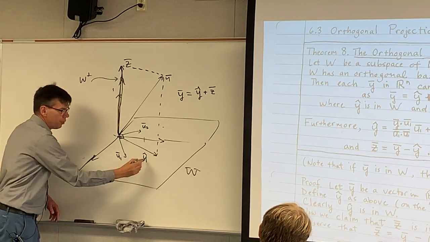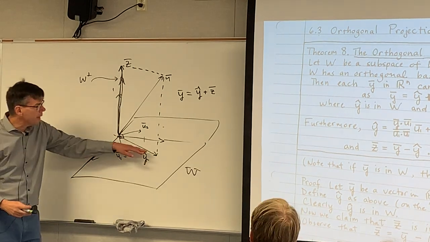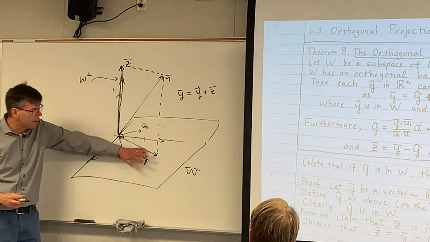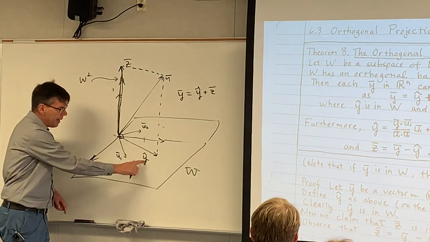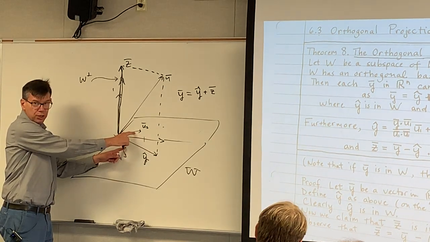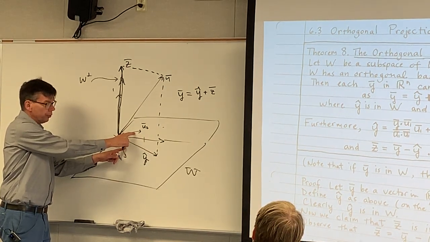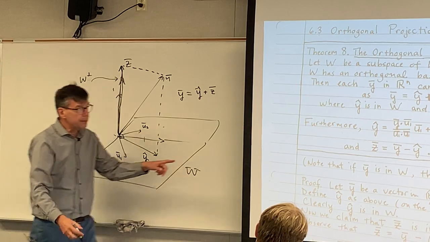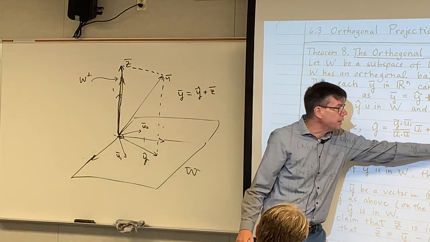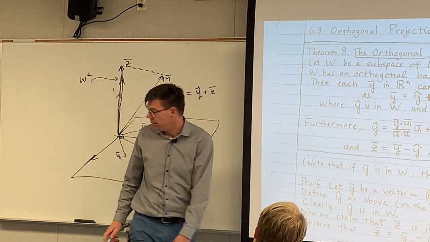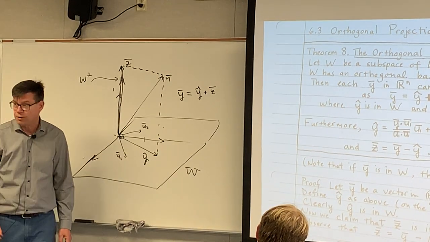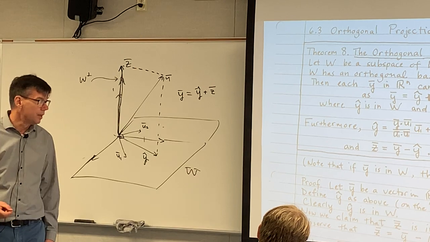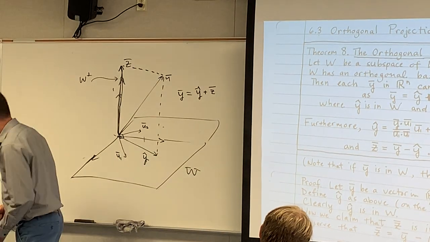It's very similar to what we just did, but I want you to think about how W could be a more complicated subspace. And y hat will be some linear combination of the u1, u2 basis vectors, exactly the linear combination set by that formula. It's really the orthogonality of the uj vectors that makes this whole thing work.